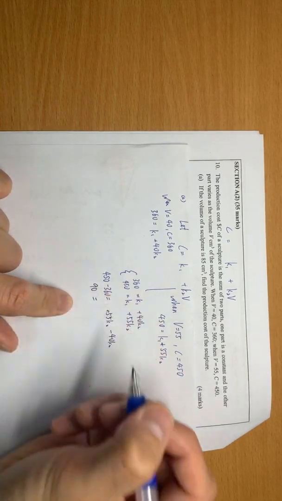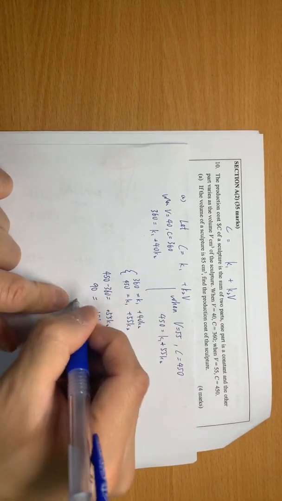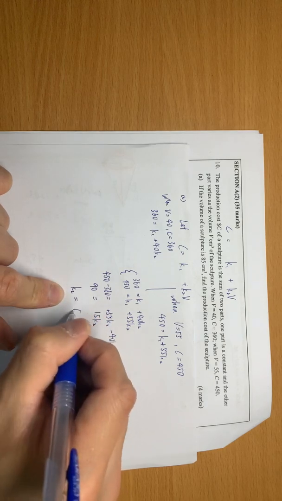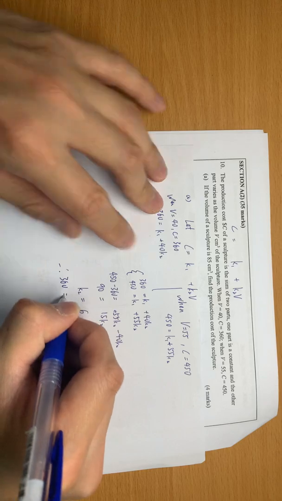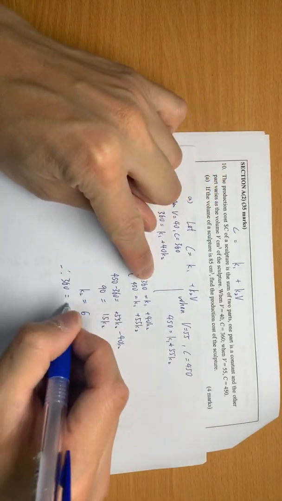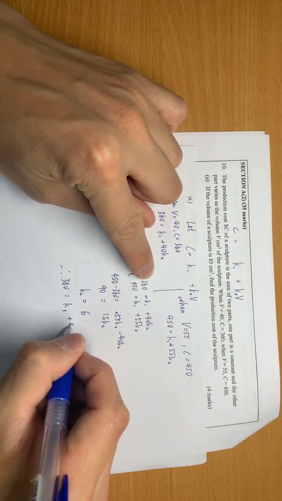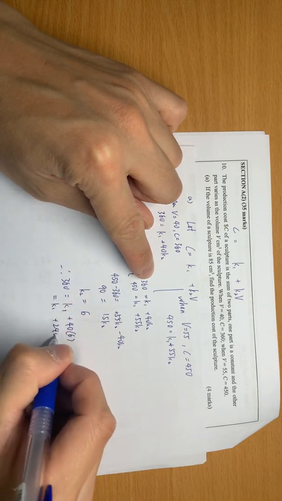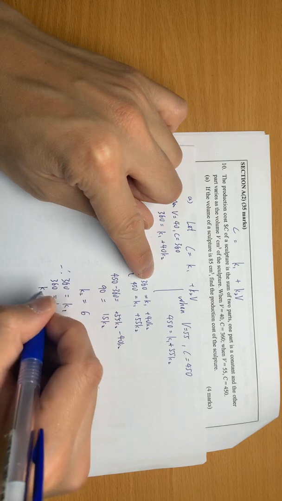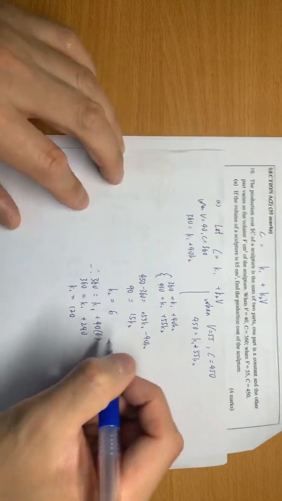So 90 is equal to 15K2, and K2 is equal to 6. Therefore, I choose the first equation since the number is smaller: 360 is equal to K1 plus 40 times 6. So K1 plus 240 is equal to 360, and K1 is equal to 120.